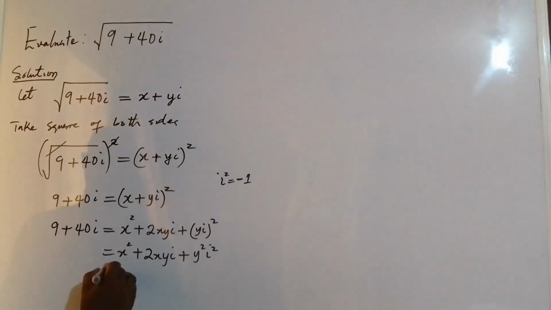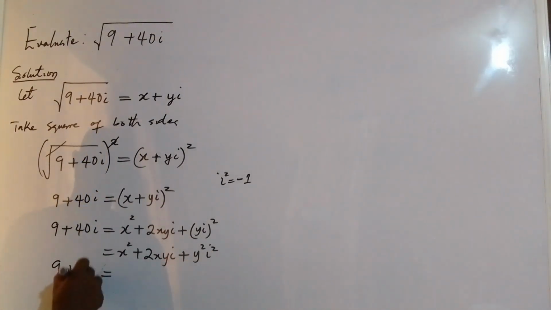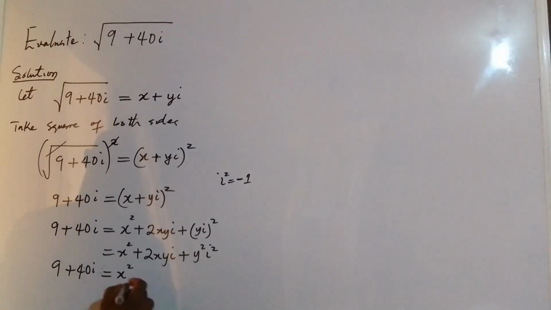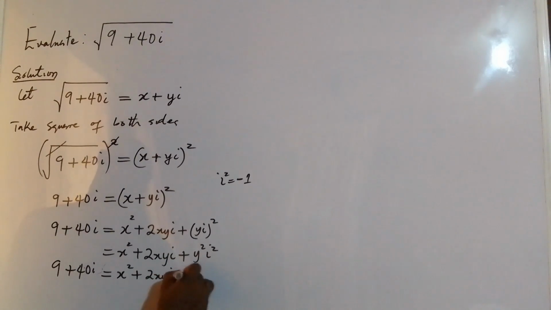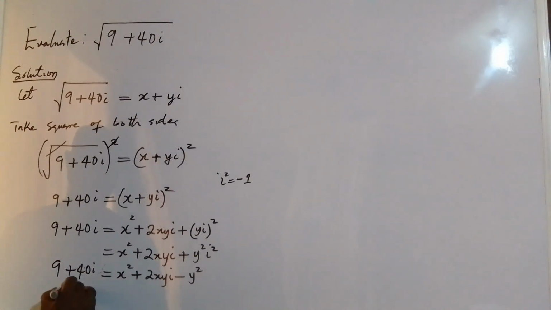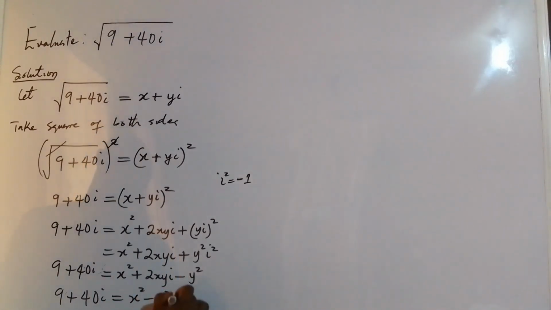So the equation now becomes 9 plus 40i equal to x squared plus 2xyi minus y squared. I can rewrite this further as 9 plus 40i equal to x squared minus y squared plus 2xyi.